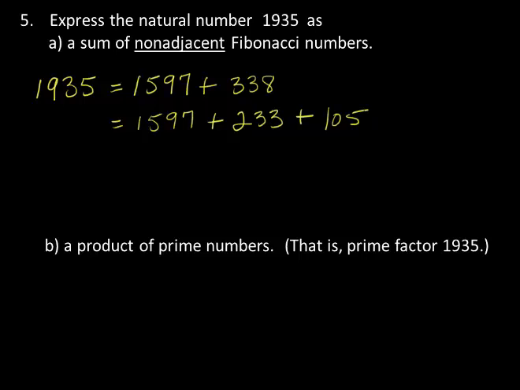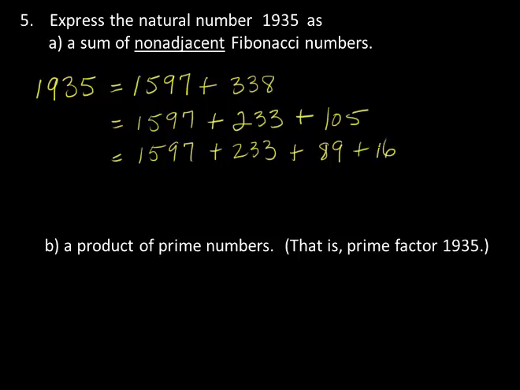Well, if 105 were a Fibonacci, I'd be done, but it's not. So I will rewrite 1597 plus 233, but now from the 105, I'm going to take out the biggest Fibonacci I can, and that is 89. If I subtract 89 from 105, I get 16.